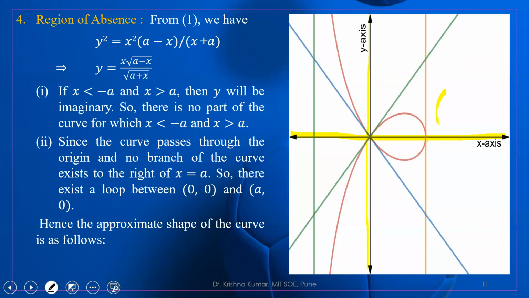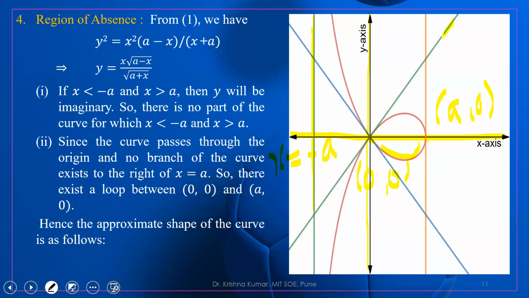It is the a, 0. This is origin 0, 0. And this is the line x is equal to minus a. So if x is greater than minus a, what it means? This is the asymptote. What it means? This curve will not cross it.